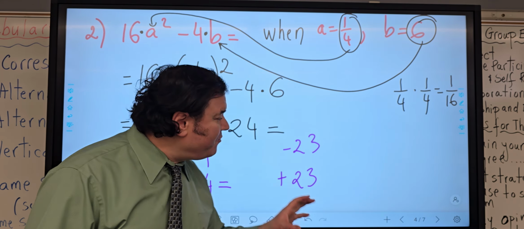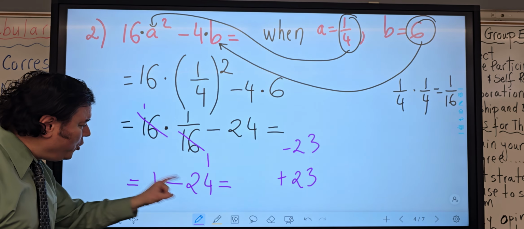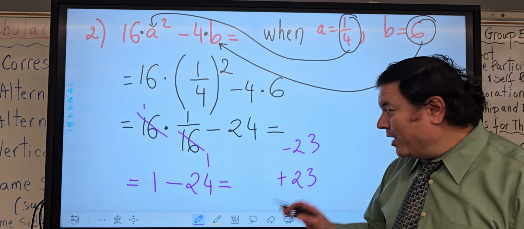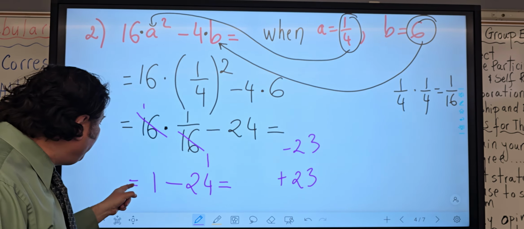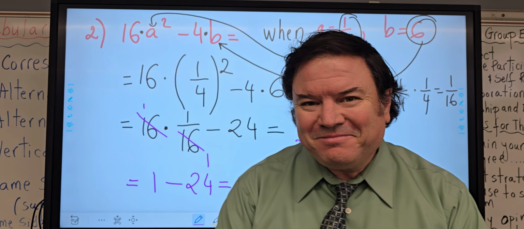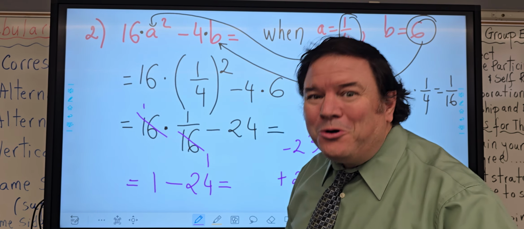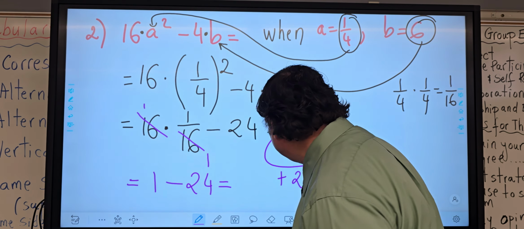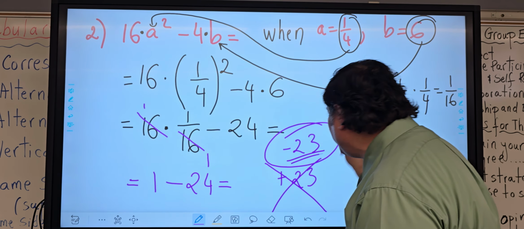Think about this: if I owe you $24, that's negative 24, but I have $1 on me, so I'm giving you $1 today. Do I still owe you money? Yes. How much do I owe you? I owe you $23. So the answer must be negative 23, not positive 23. Final answer.